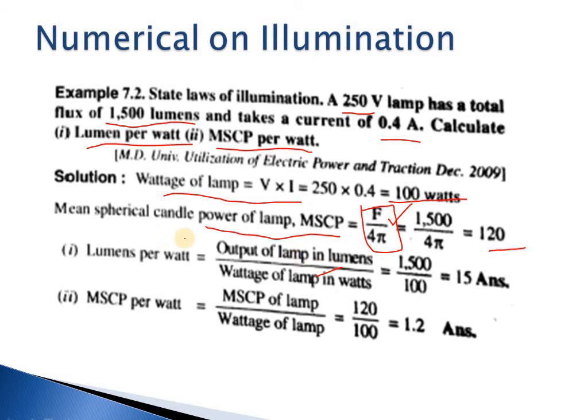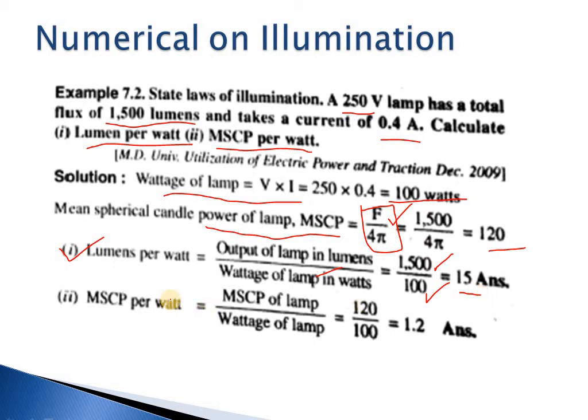Now we have to calculate the lumens per watt. So the formula for lumens per watt is the output of the lamp in lumens divided by the wattage of the lamp in watts. The output of the lamp is 1500 lumens and the wattage we have calculated is 100. So the lumens per watt is 15.